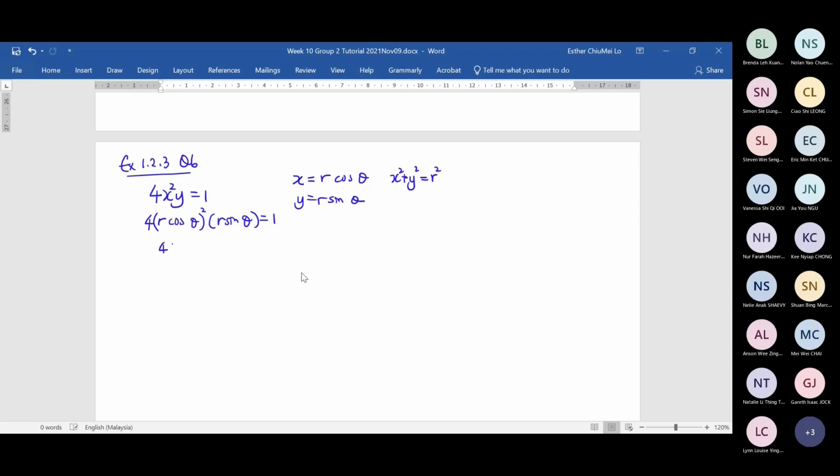So 4r squared cos squared theta, and then you have another r here, r sin theta, and this equals 1. So r multiply r, you get 4r cubed cos squared theta sin theta, just multiply all together. This equals 1. So your r cubed equals 1 over 4 cos squared theta sin theta.